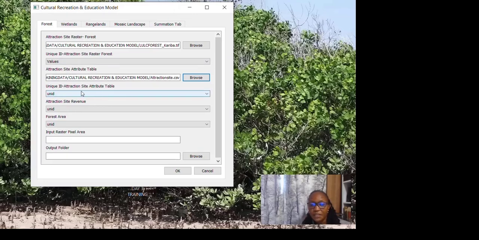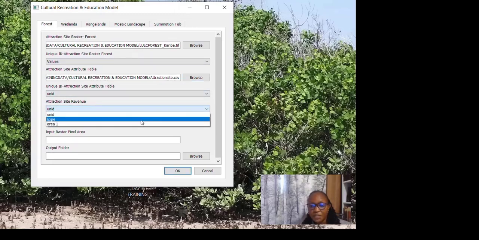The data sets within the attraction site table can be linked up to the attraction site raster to assign these values that give us the cultural recreation and education value for the forest ecosystem. So we go to the attraction site revenue once the table is loaded to pick the expenditures that the tourists incurred while visiting this site.